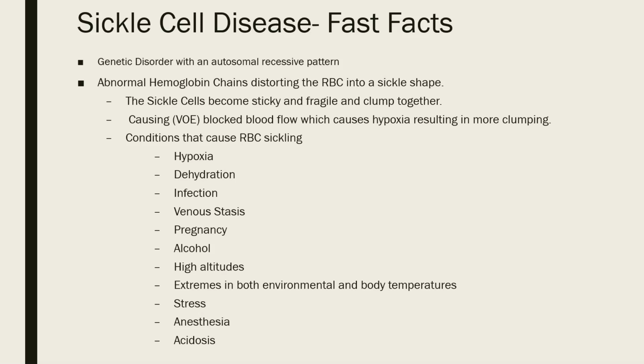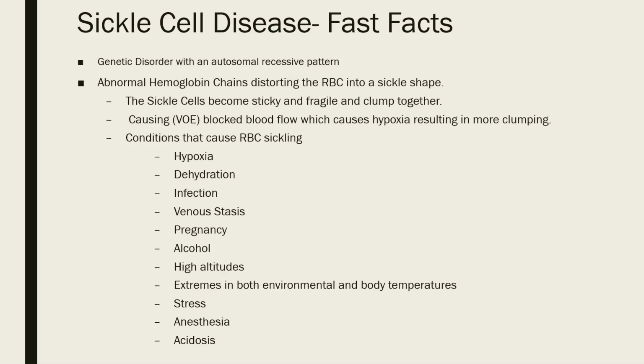Usually the sickle cells go back to normal shape, but even after the precipitating factor is removed and oxygen is back within normal limits, allowing for normal tissue perfusion, keep in mind that the hemoglobin is still twisted.